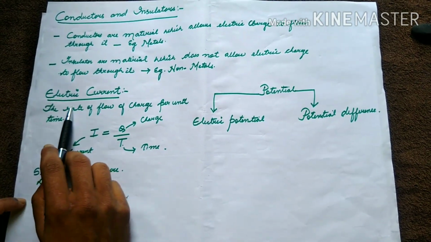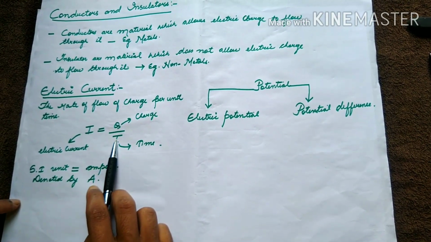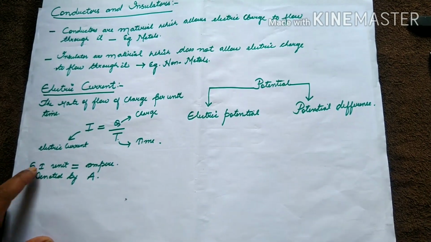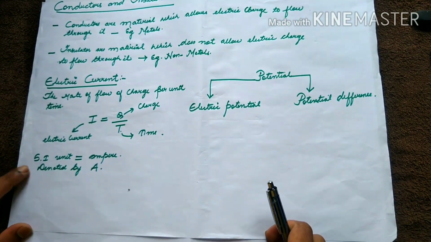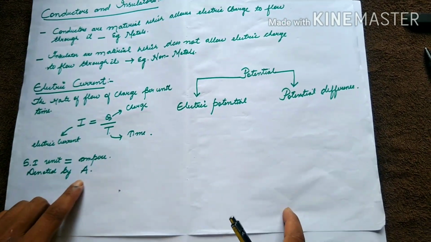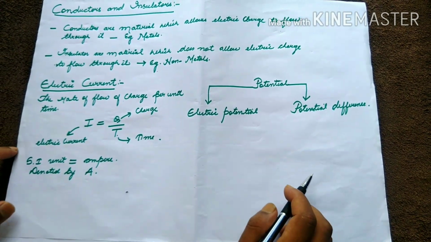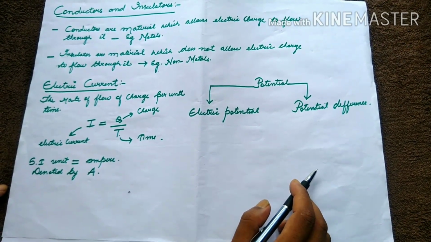So that is an electric current. The formula is I equals Q by T. Its SI unit is ampere. SI means standard international, and ampere is denoted by A. It was first discovered by a French physicist, André-Marie Ampère.